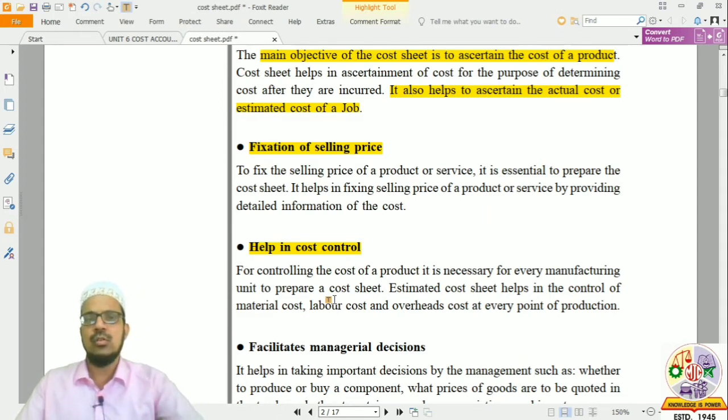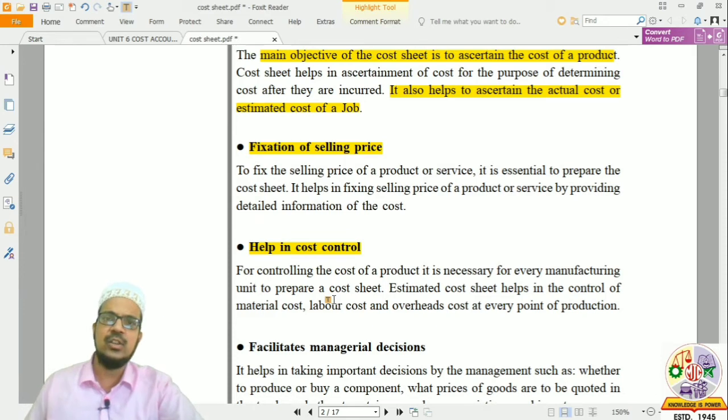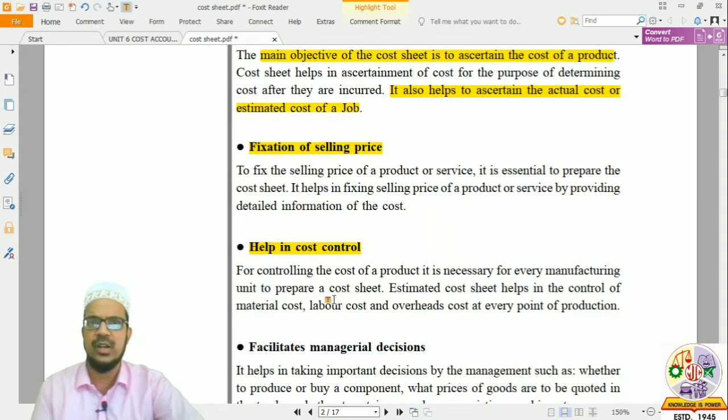Now, costing is a regular exercise. You may be producing products over a period of time, and you will have to produce cost sheets also over a period of time. Normally, you will produce a cost sheet every 6 months or every 1 year. You will like to ascertain the cost of production.